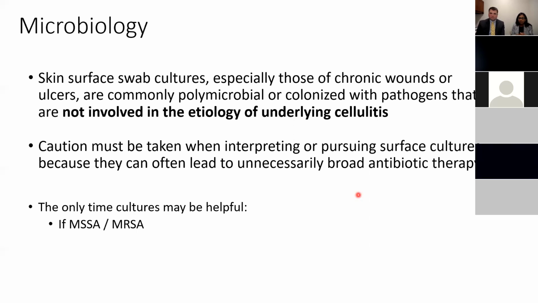The only time that we will culture those abscesses or drainage is to see if there's Staph aureus, MRSA or MSSA, because studies show 50% of the time, if you do have MRSA or MSSA, then that's what's causing the infection. When you swab a person's open wound and it's dirty, you could grow so many different organisms, but the only helpful one is when you grow Staph aureus.